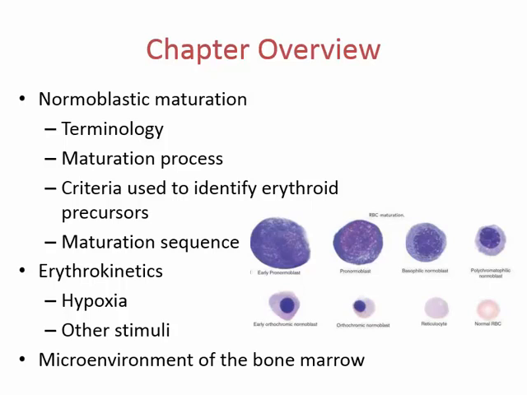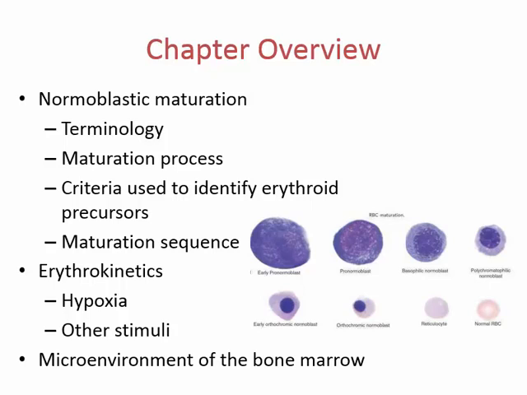Why am I calling this a normoblast? Because this is the first stage at which I can identify that this cell is determined to become a red blood cell. This cell at this stage is not going to become a white blood cell. This cell is not going to become a megakaryocyte. This cell is differentiated and will eventually become a red blood cell.